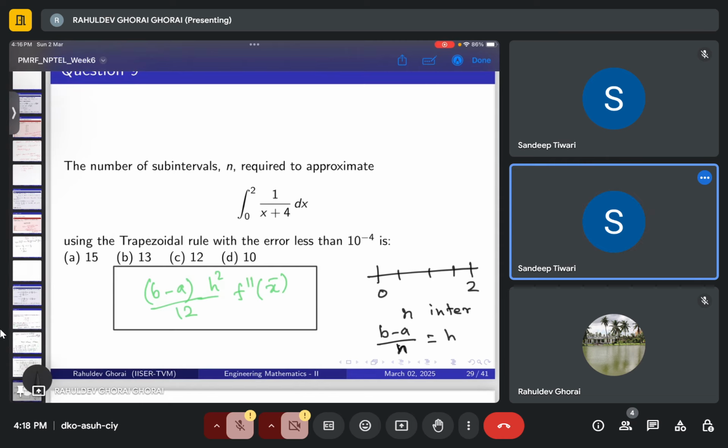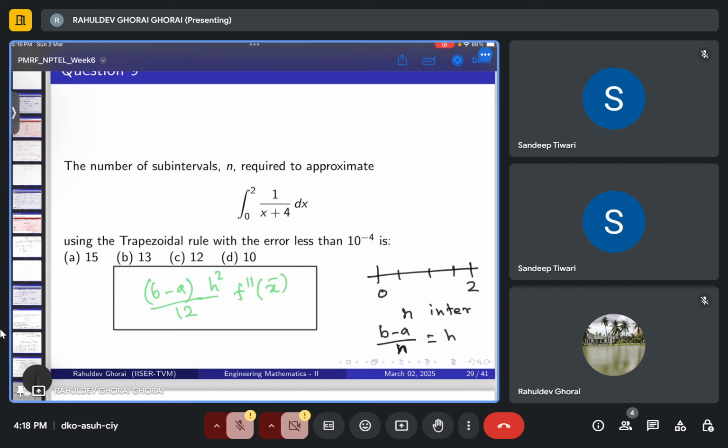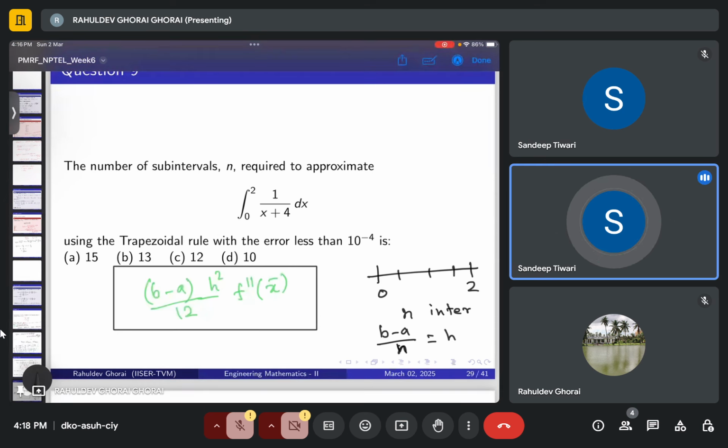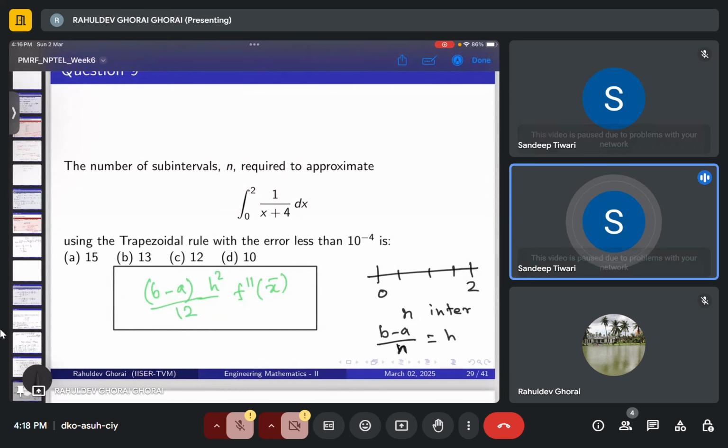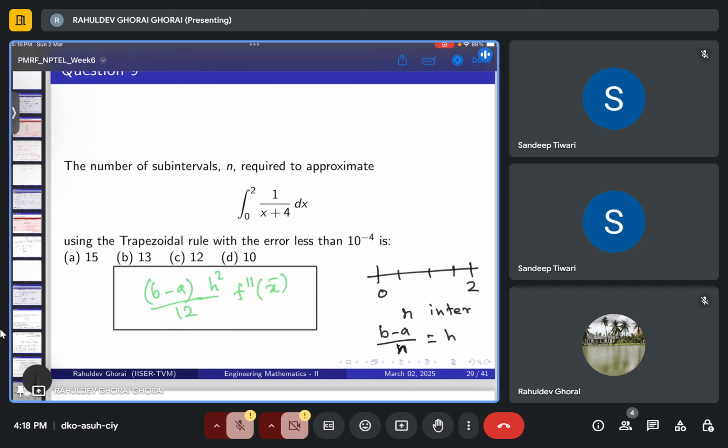No, not here. Trapezoidal is not like that. Yes, sir, this only contains one. If x0, x1, x2, xn are given, then we take x0 to x1 plus x1 to x2 like this. Exactly, when the number of points is given, you do it according to that.